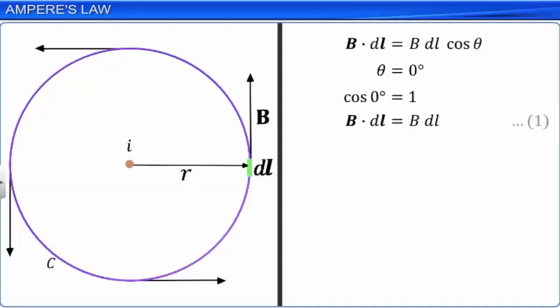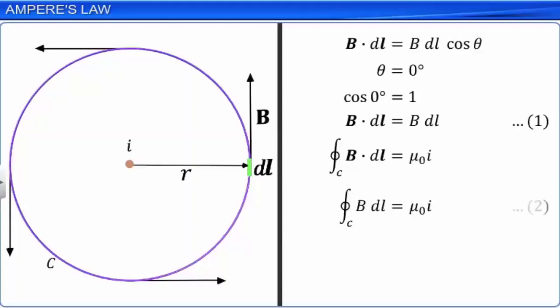According to Ampere's law, integral over the closed curve C, B dot dl is equal to mu naught I. On substituting equation 1 in the Ampere's law, we get integral over the closed curve C, B dl is equal to mu naught I. Let this be equation 2.